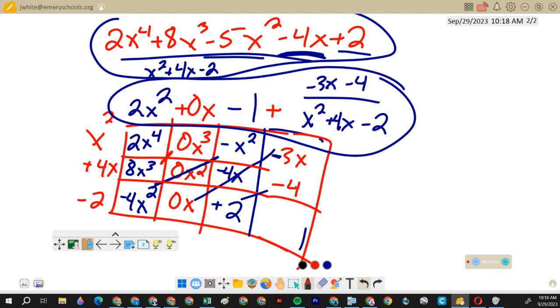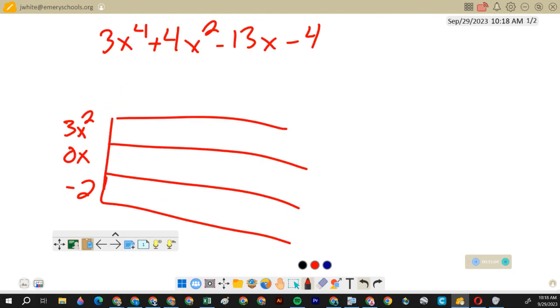All right, so let's go back to this one. Do you see now why we need 3 rows? Okay, so let's do the first column. We bring in 3x to the 4th. What is 3x to the 4th divided by 3x squared? X squared. This becomes 0x to the 3rd, and this becomes negative 2x squared.